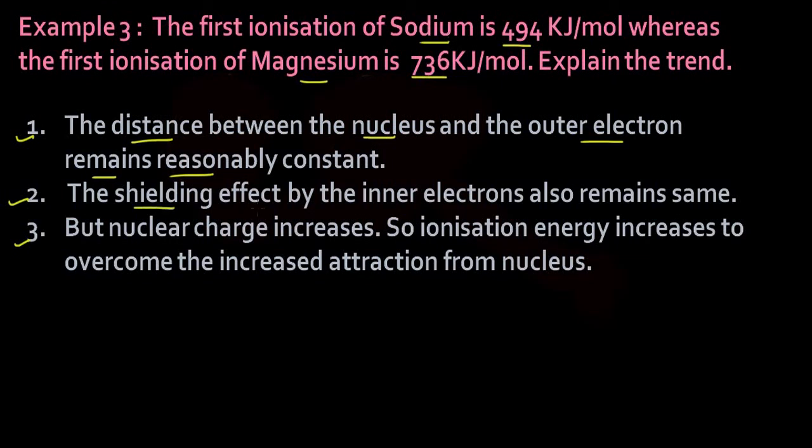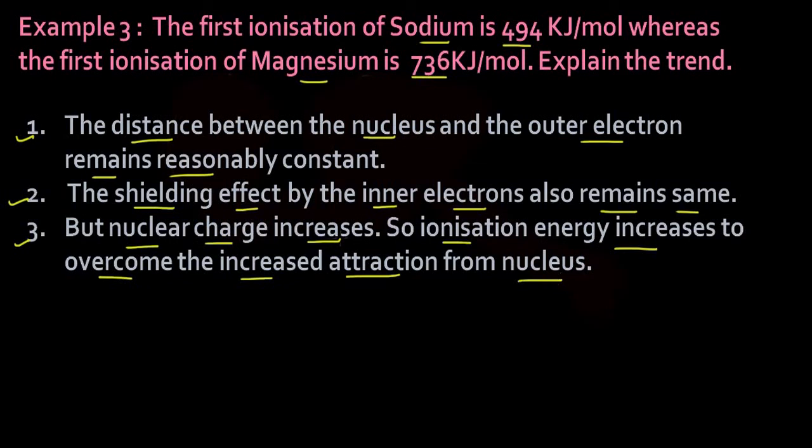The shielding effect of the inner electrons for both sodium and magnesium is also the same. But the nuclear charge increases from sodium to magnesium, and because of that, the ionization energy also increases for magnesium to overcome the increased attractive force from the nucleus to the outer electron.